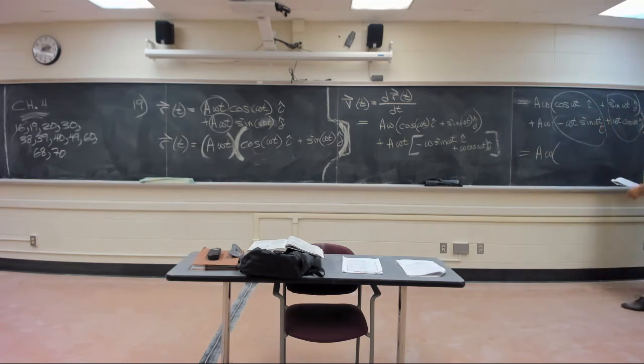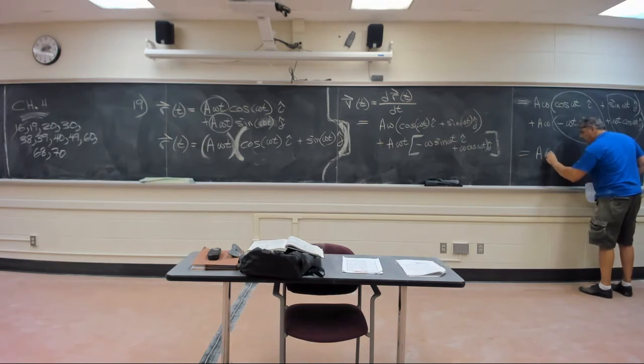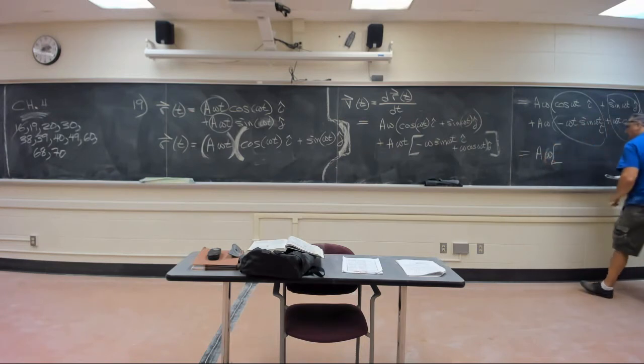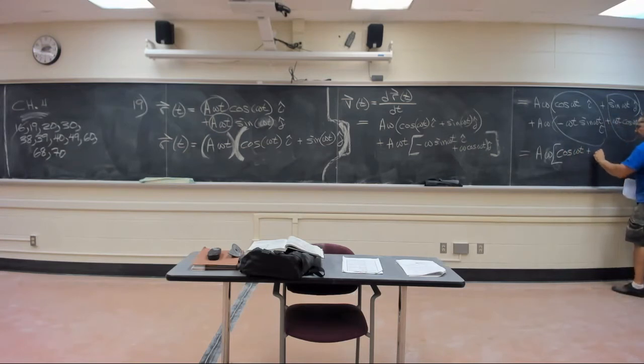Here it is. So here are the i's. It's cosine omega t plus a negative omega t sine omega t.